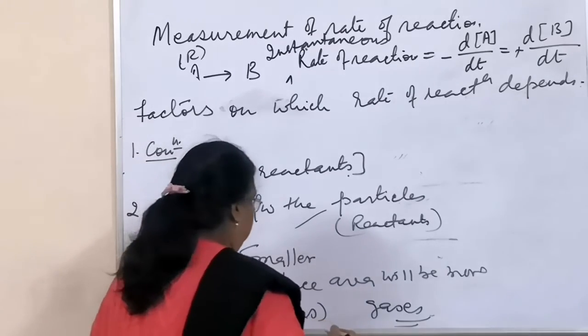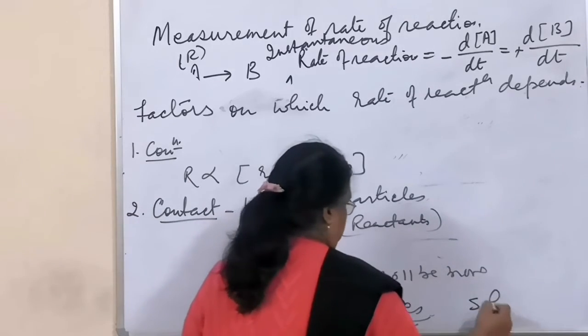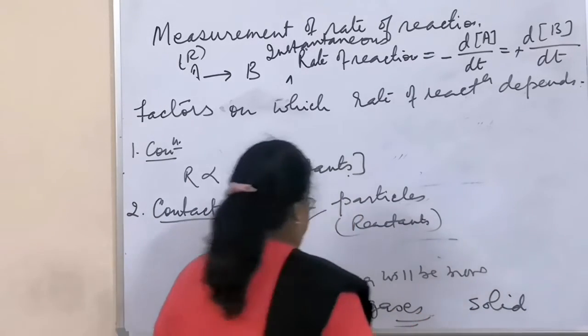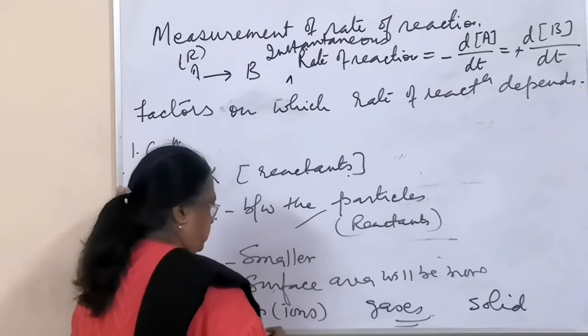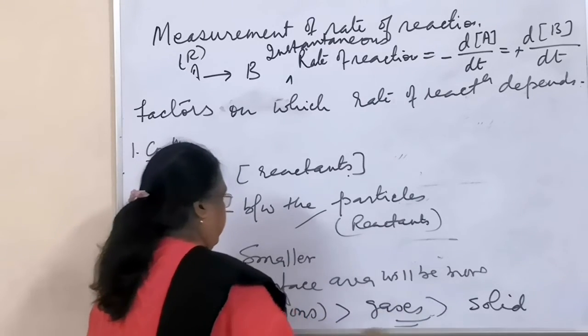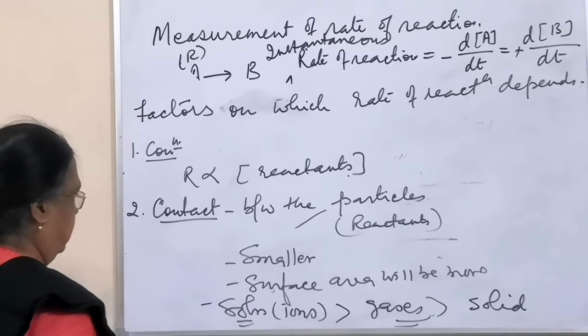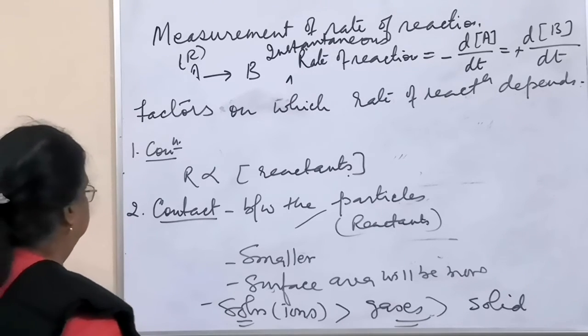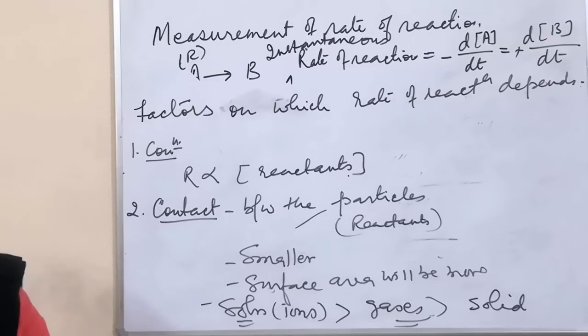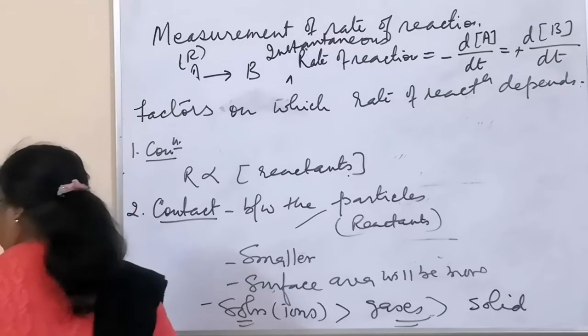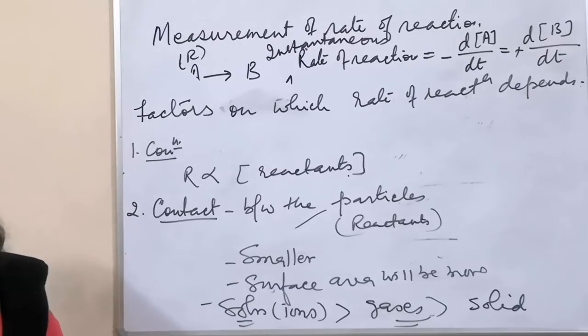But if they are in the solid state, the reaction will be very, very slow. So this will be the order of the reaction in these physical states of the reactant. This is the physical state factor, as I have mentioned to you.